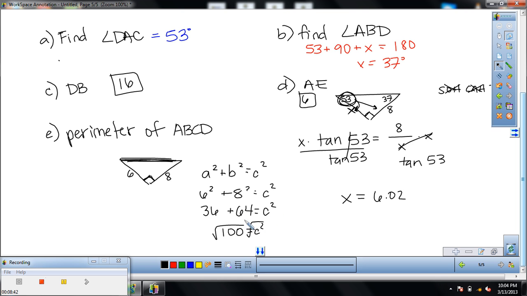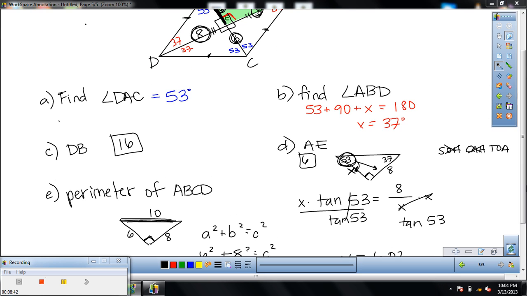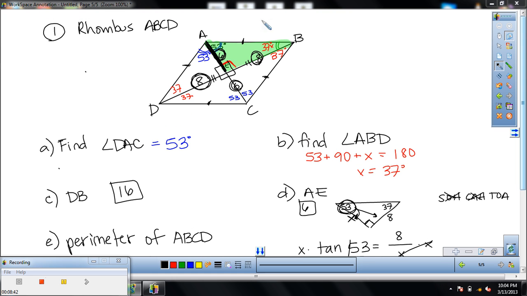We take the square root and get 10, and a 6, 8, 10 triple is a very popular triple that we hopefully recognize. So now once we have found that that side is 10, we can go back and plug that into our diagram. I know that this is 10, BC is 10, DC is 10, and AD is 10. So therefore, our perimeter is 10 times 4, or 40.